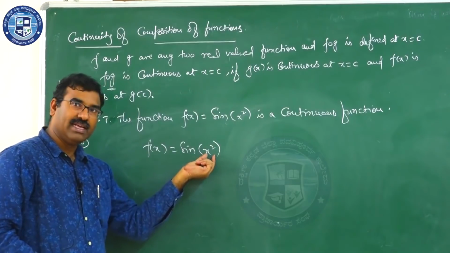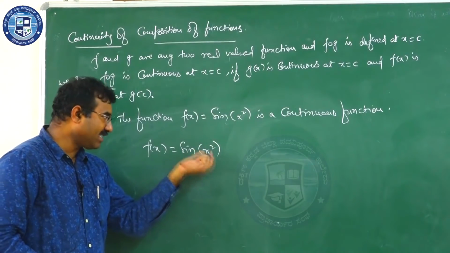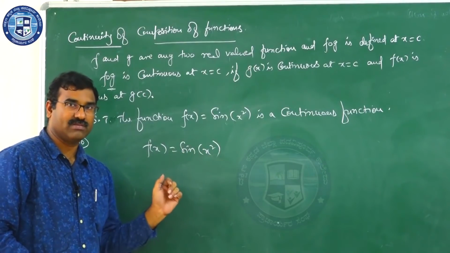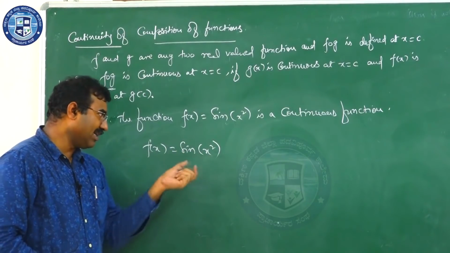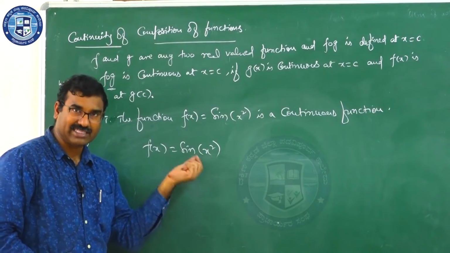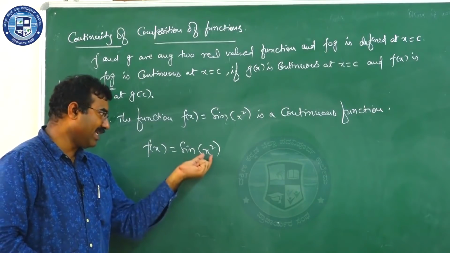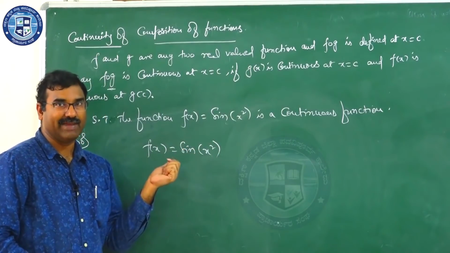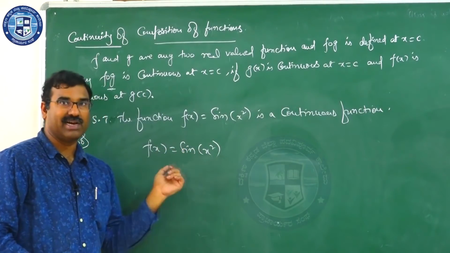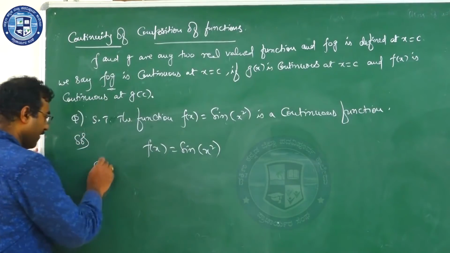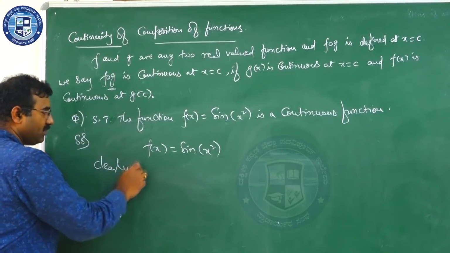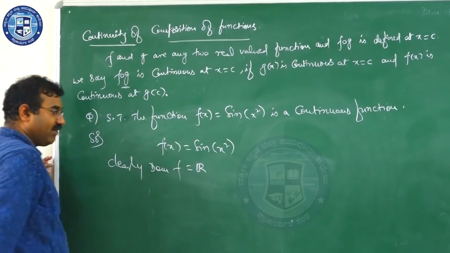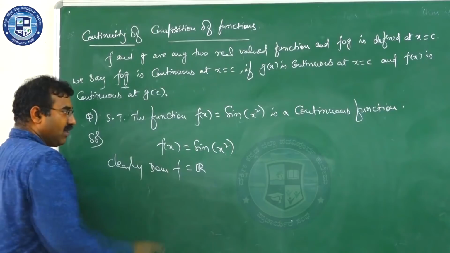When x square is real, then definitely sine is defined for all real values, right? Are you understanding the logic? So its domain is R. Clearly, domain of f is R.